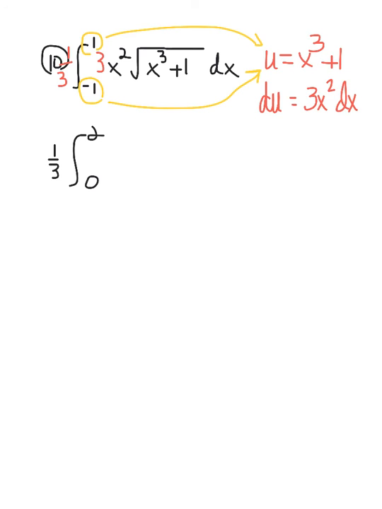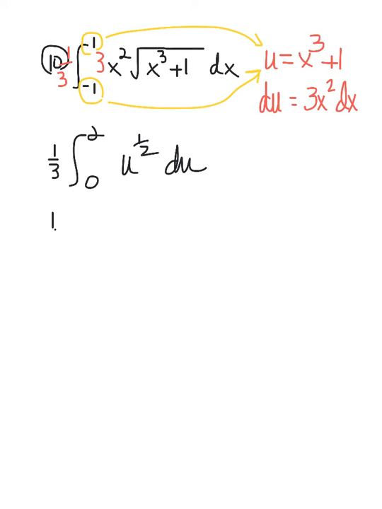Okay, so then let's rewrite what I have underneath here. So then I have, let's just look at this. This is my U to the 1/2 power, and then 3x squared, and my dx is my du. Okay, so I'm going to write that. So I'm going to write U to the 1/2 power du. Okay, so let's integrate.